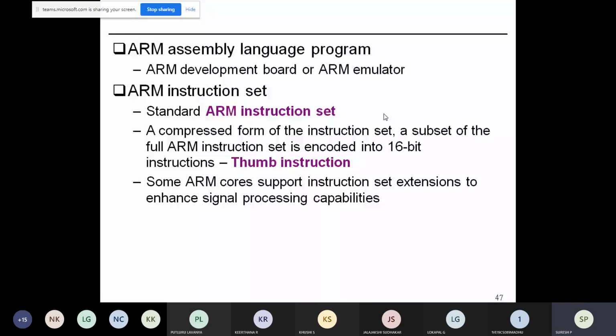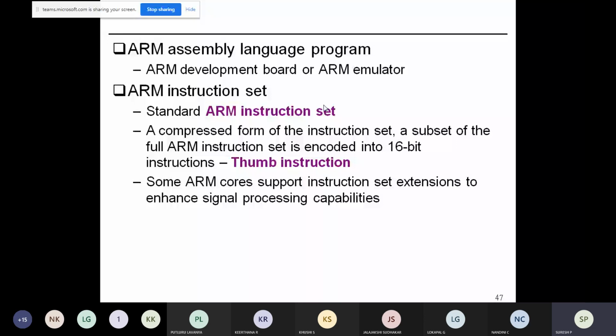Yeah. So if I have the memory, each memory location is going to store 1 byte of data. If you are using the ARM instruction set, the ARM instruction will support 32 bits. That means whatever the instruction is, it will be converted into 32 bits, that is a 4-byte instruction.